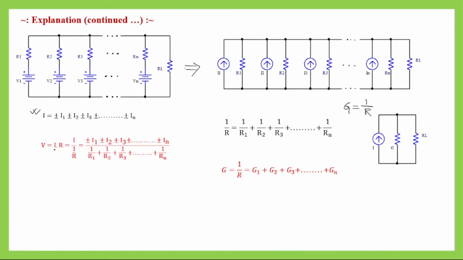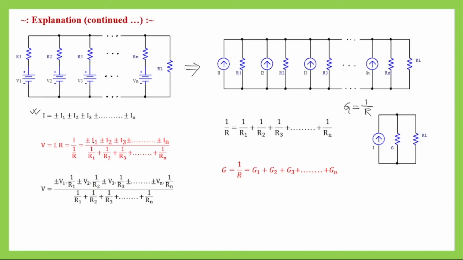The current we have already obtained in the previous step: the algebraic sum of all the current values, divided by, if IR can be rearranged this way, I divided by 1 by R, and 1 by R we have already obtained by applying the concept of parallel paths in the previous step. So the voltage of the equivalent voltage source can be found by this formula.